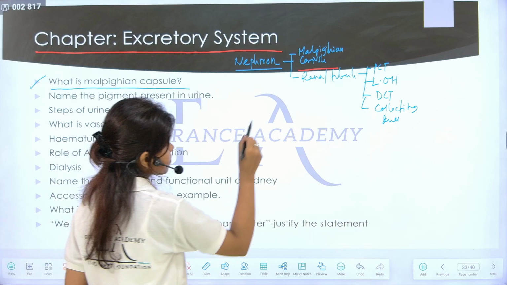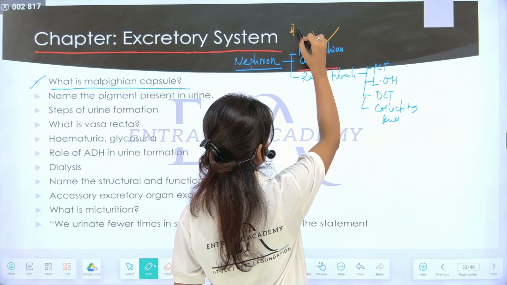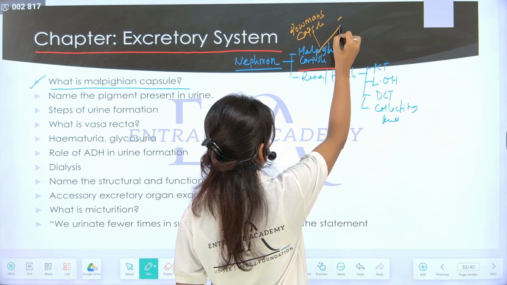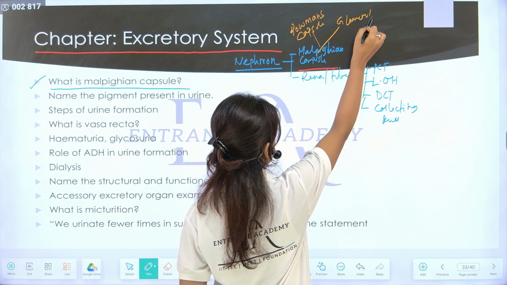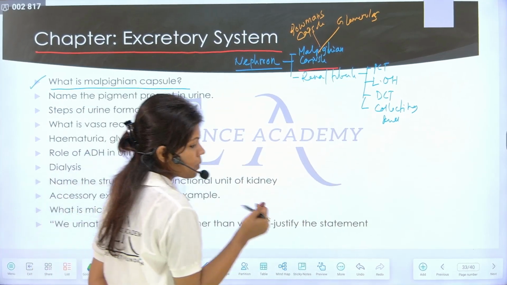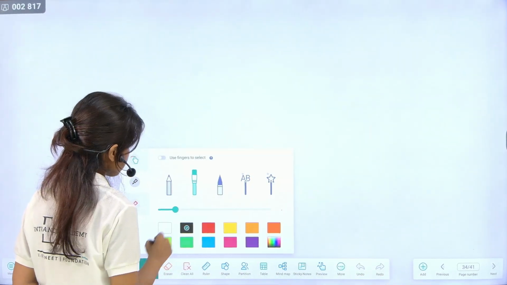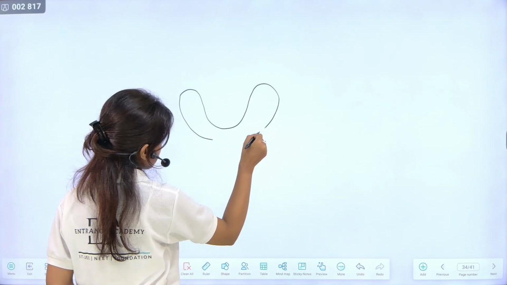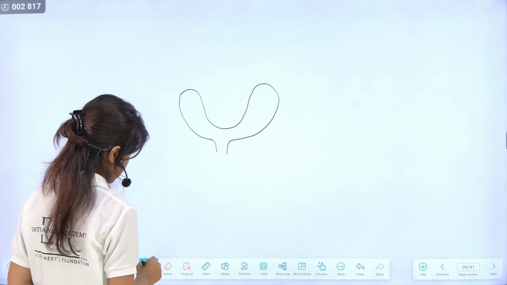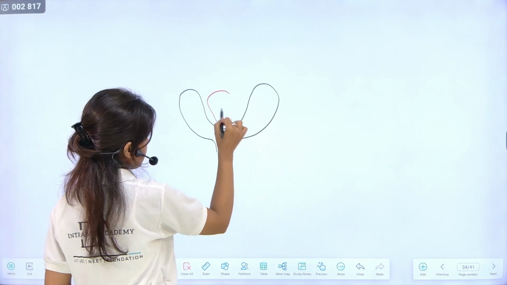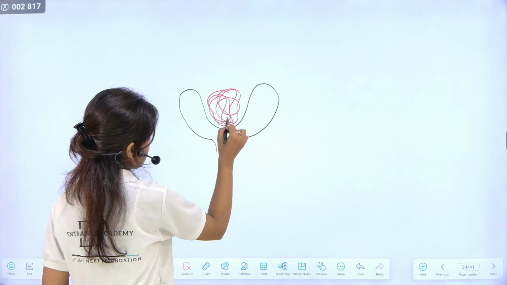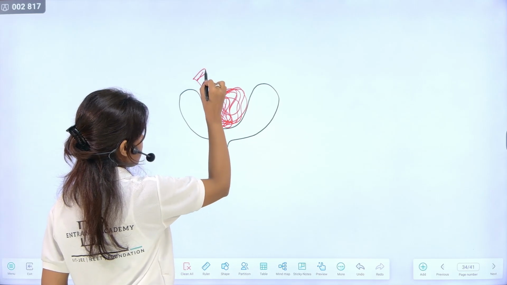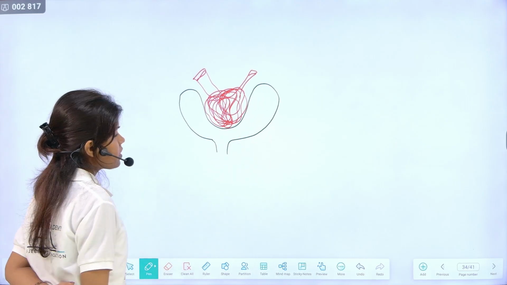One is Bowman's capsule, another one is glomerulus. Together these two are known as Malpighian corpuscle. The diagram is like that. It's a cup-shaped structure, Bowman's capsule, in which a tuft of blood capillaries fits inside the Bowman's capsule, known as glomerulus.